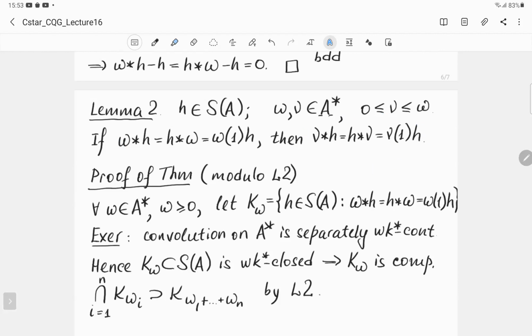In other words, if a state H sits in here, then it sits in each set from this intersection. So we have this inclusion.